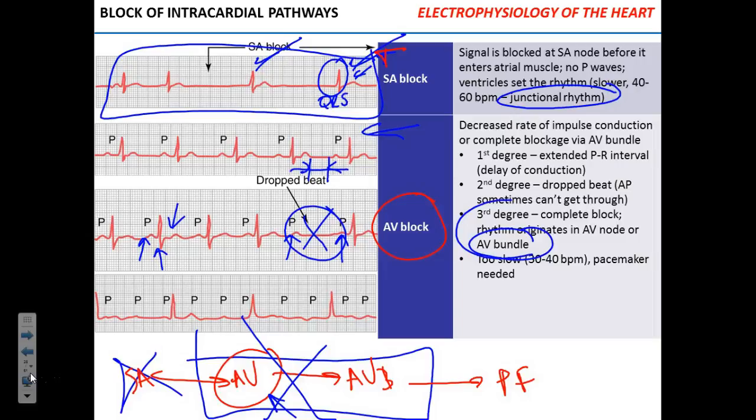When it drops to 30 or 40 per minute, the blood pressure in the system drops below the level that's necessary for life support. So in this case, the person gets the pacemaker, the electrical system that stimulates beating of the ventricles. Does that make sense?